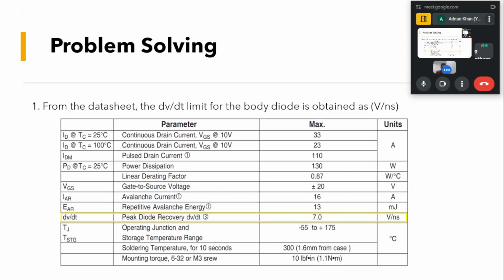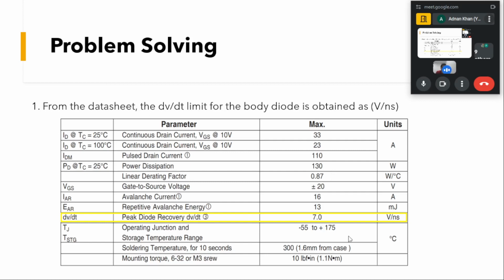If you see the data sheet, we have different parameters given, like ID at 25 degrees, drain current at 100 degrees, which were already discussed in the previous problem solving session. Then we have power dissipation, gate to source, and so on. And there is one parameter given, dV by dt, that is peak diode recovery.